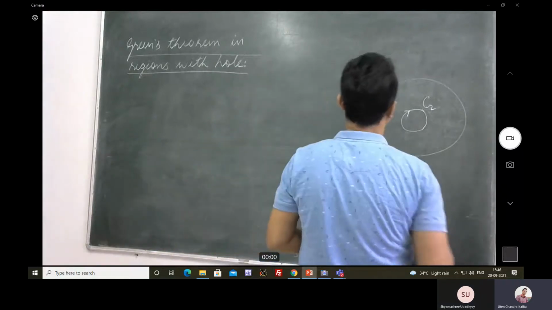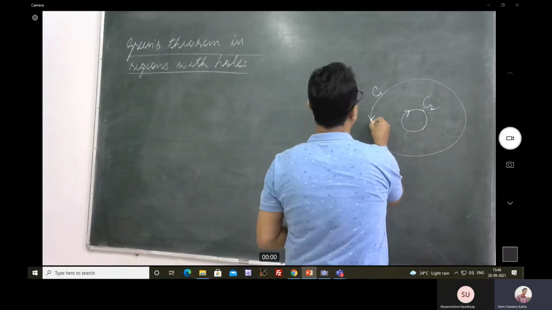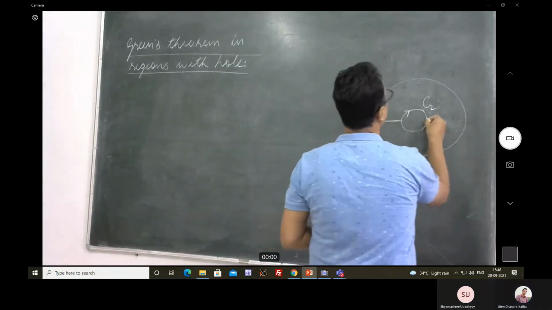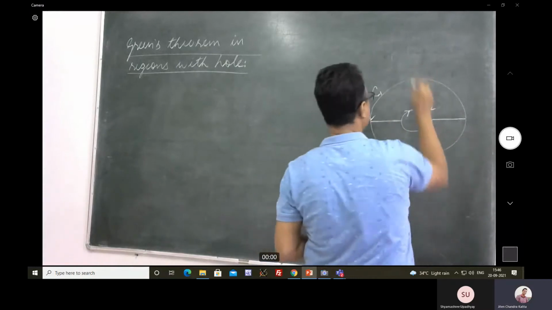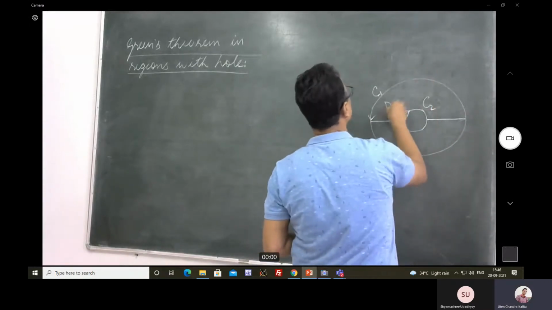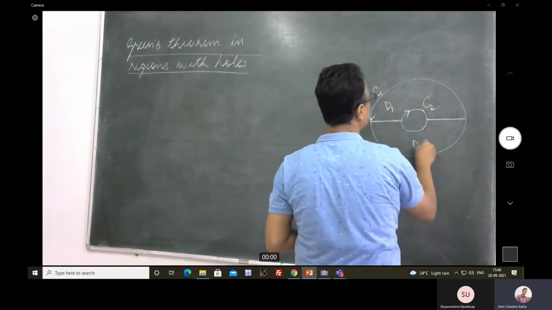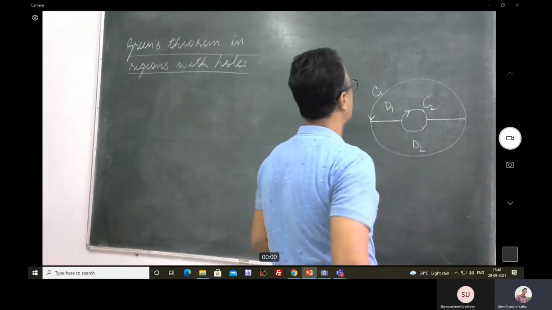So now, as before, I am going to divide the whole region D into two regions D1 and D2 by the introduction of these crosscuts.